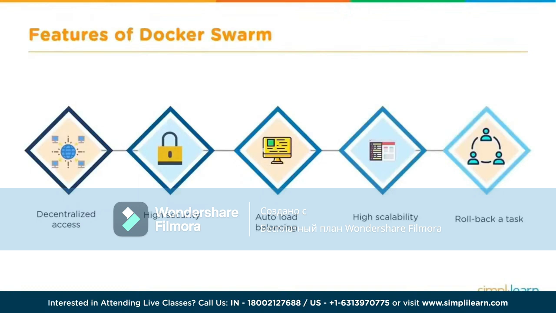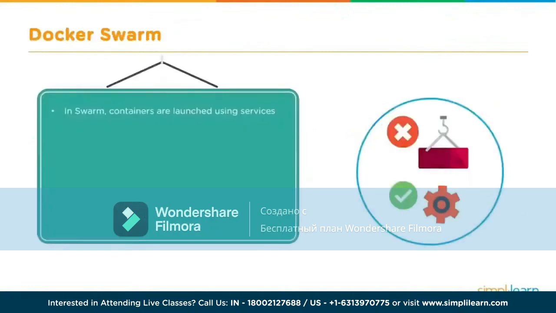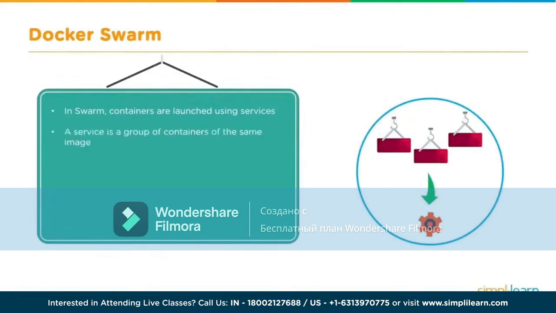So if, say, something does get pushed out and something breaks, you're able to immediately roll back into a safe environment. So each of the containers are pushed out and are controlled using services, and they actually happen to be REST services, which make it very easy for you to integrate within your environment. And each of the different services contains a group of containers of the same image.